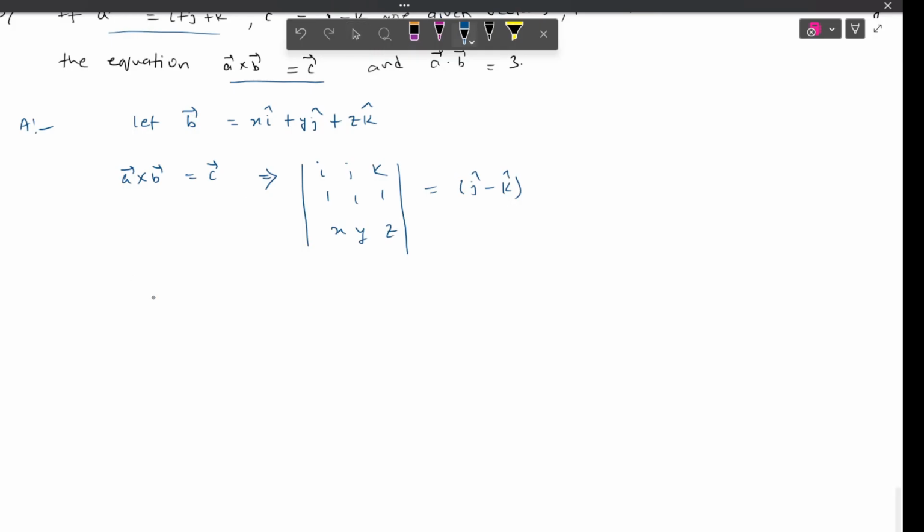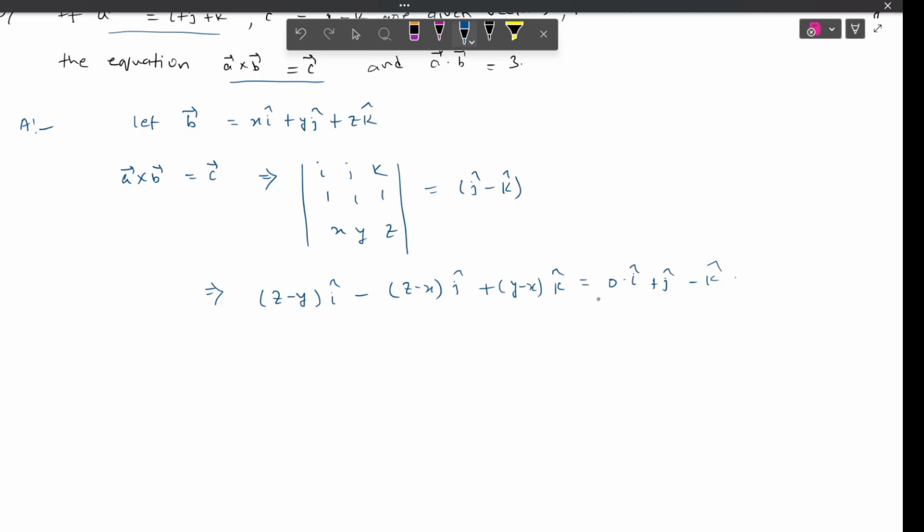So let's find out the determinant. So it would be z minus y I cap minus z minus x j cap plus y minus x k cap. We can write it as 0 into I cap plus j cap minus k cap.